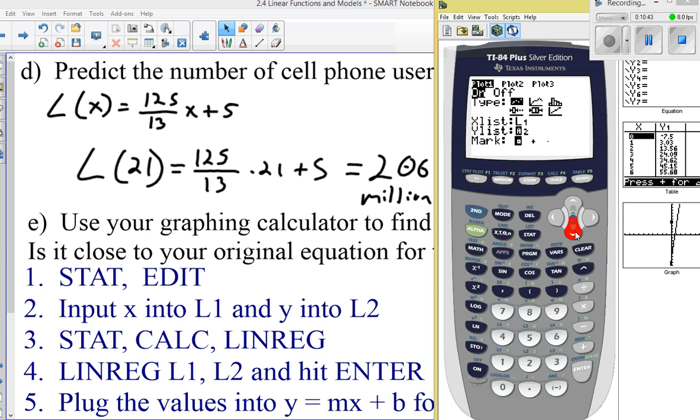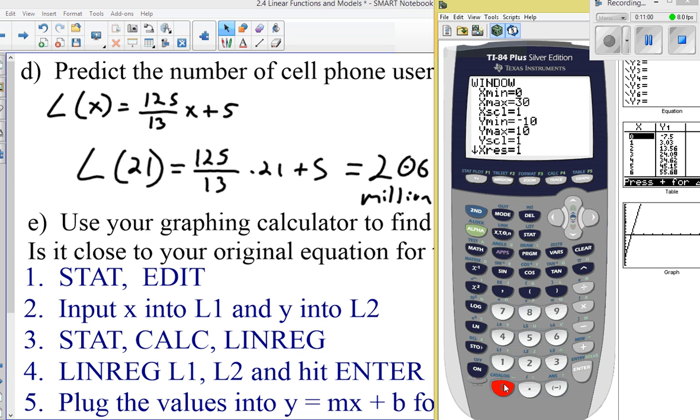Next I want my window to be appropriate. I'm going to quit out of this and type in my window. I'm not dealing with negative x values, and I went up to 21 years in 2011, so let's go up to 30 years with a scale of 5. For y, we're not dealing with negative cell phone subscribers, and we got up to about 206 million, so let's go up to 300 with a y scale of 50.